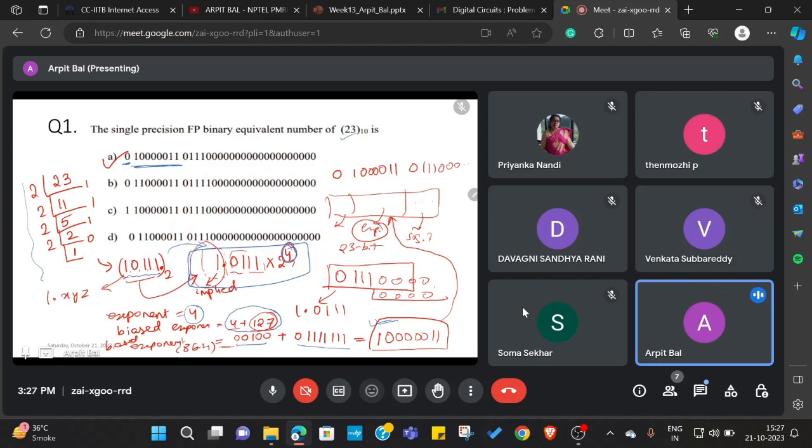The remaining bits, from 0, 1, 1, 1 till everything 0, you have to append zeros in such a way that the total number of bits in the significand field is 23. After doing that, we obtain option A as our answer.